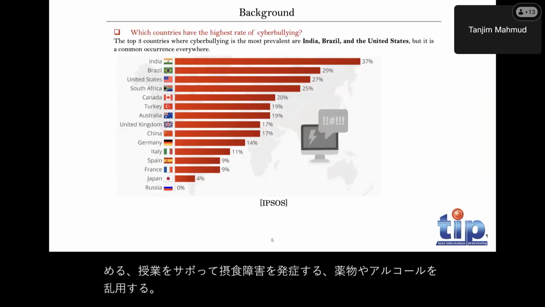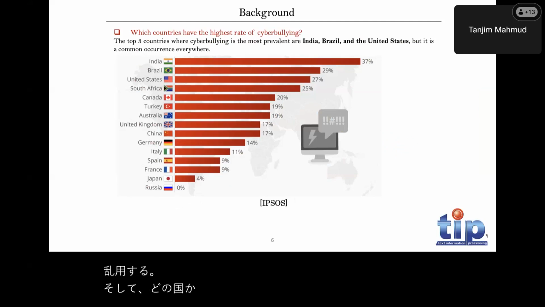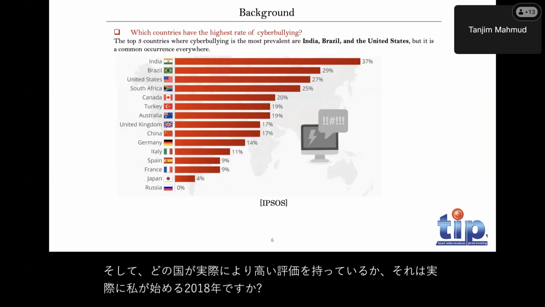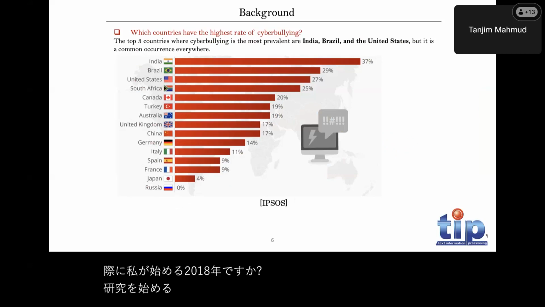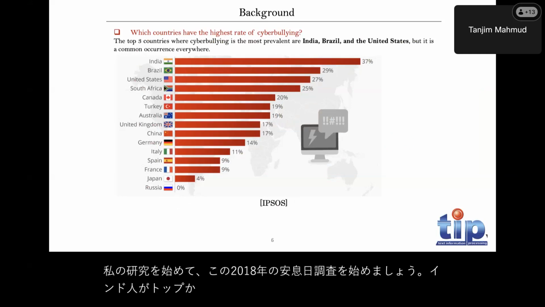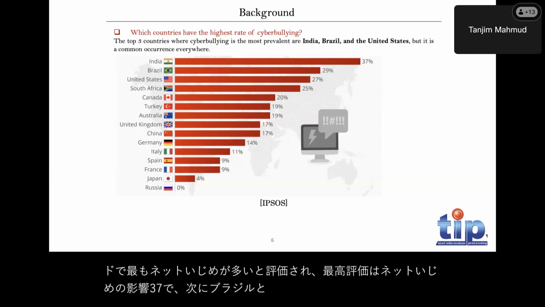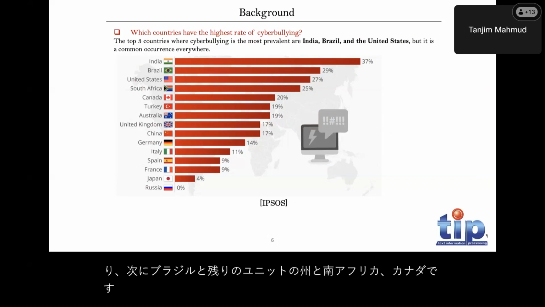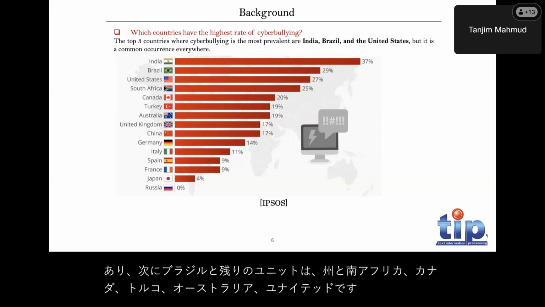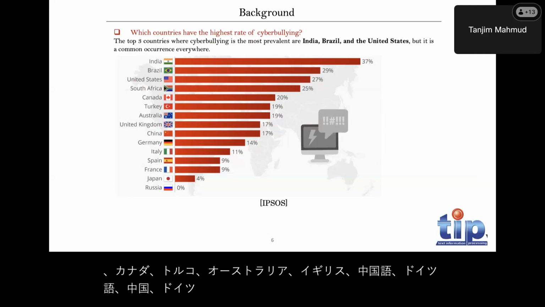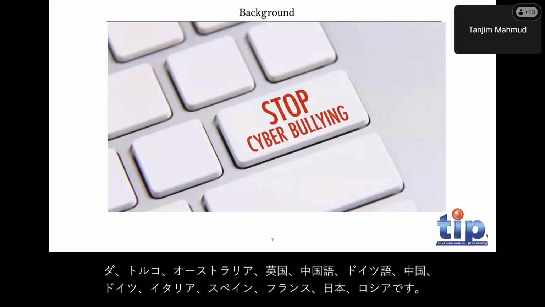And which countries have a high rating? In 2018, when I started my research, the survey showed India with the topmost rating in cyberbullying at 37%, then Brazil, and the remaining were the United States, South Africa, Canada, Turkey, Australia, United Kingdom, China, Germany, Italy, Spain, France, Japan and Russia.